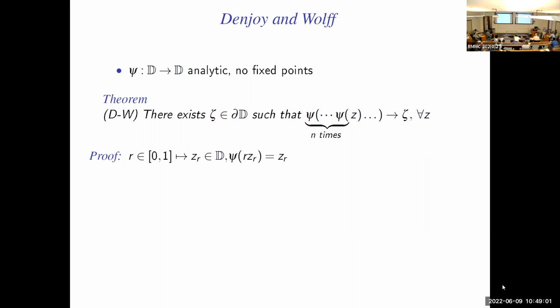By whatever you like, Brouwer. Yeah, let's appeal to Brouwer. Brouwer fixed point theory tells you that that function has a fixed point. So there's a z_R such that psi of R times z_R is equal to z_R.